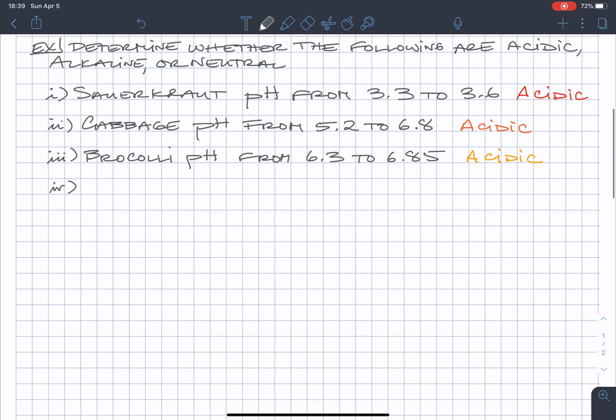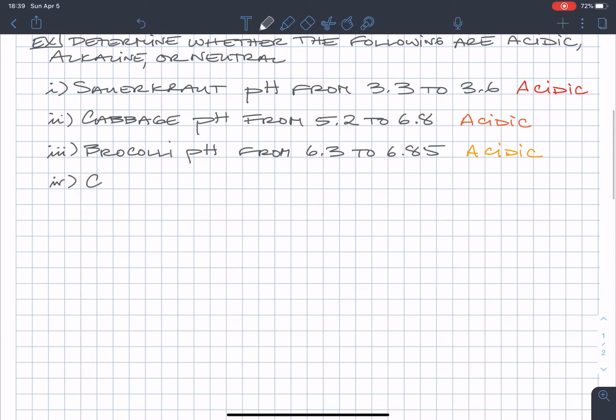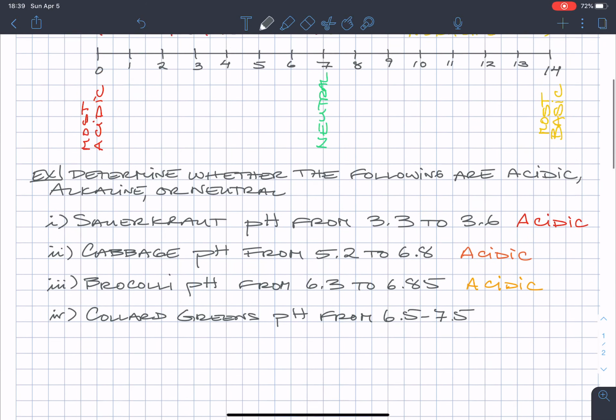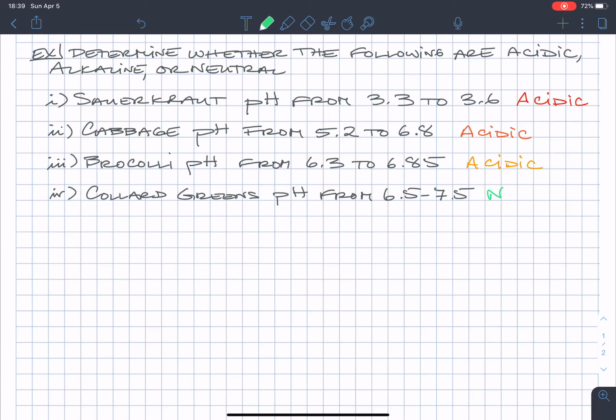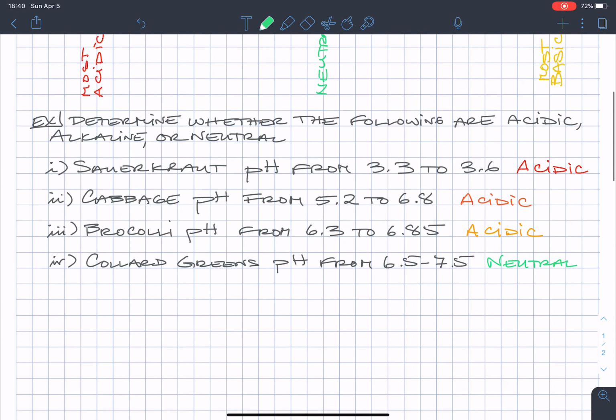Let's say we have collard greens with a pH from 6.5 to 7.5. Okay, well that's right at neutral, so I'm going to call that approximately neutral.